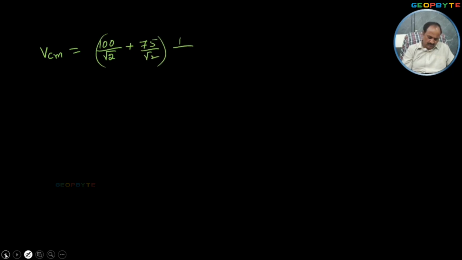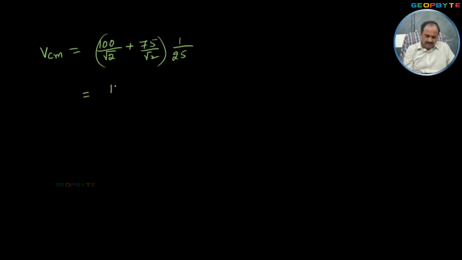So velocity of the center of mass equals 100 by root 2 plus 75 by root 2, into 1 by 25.